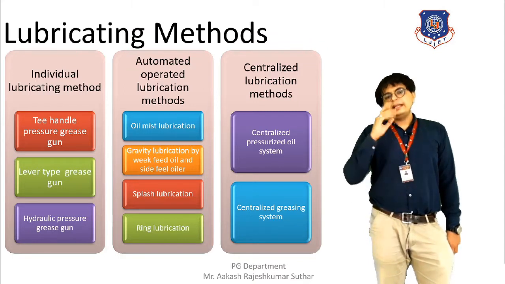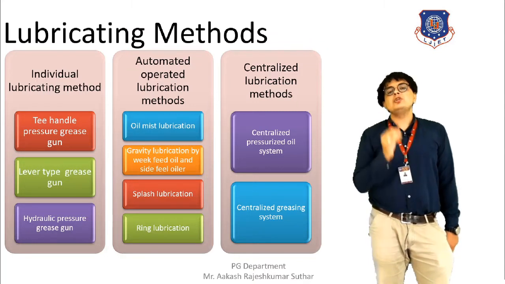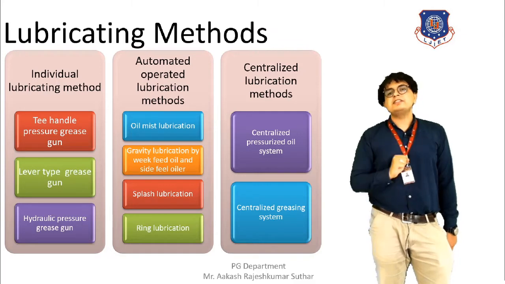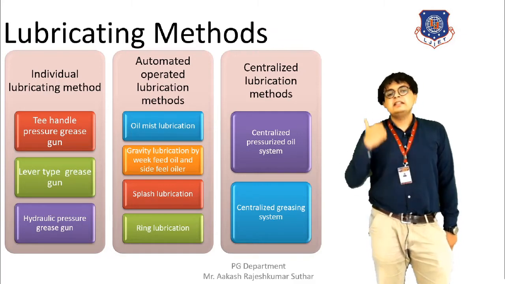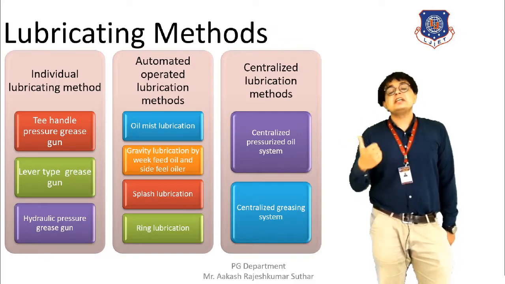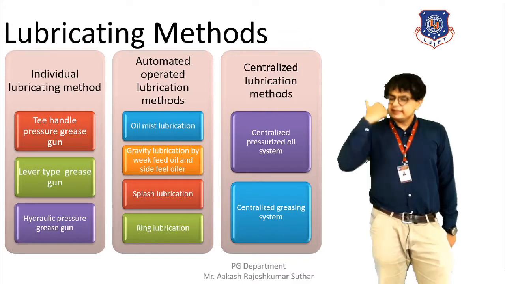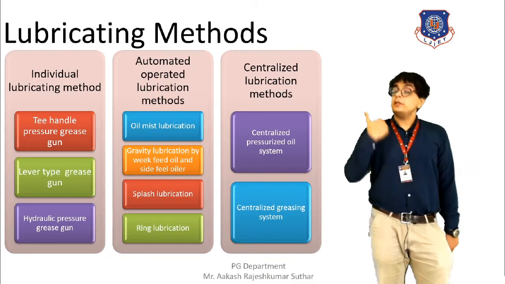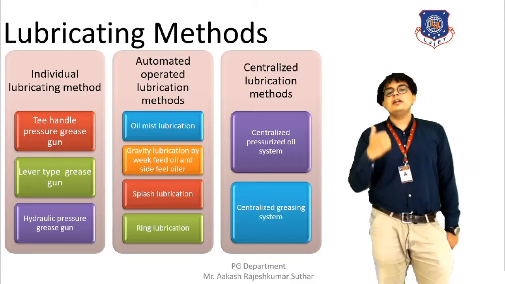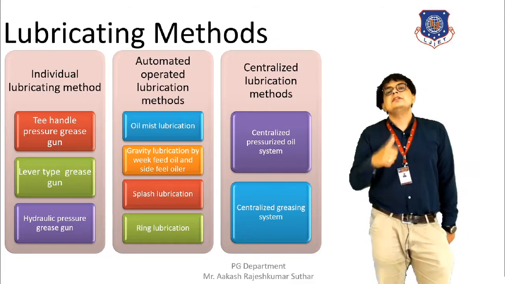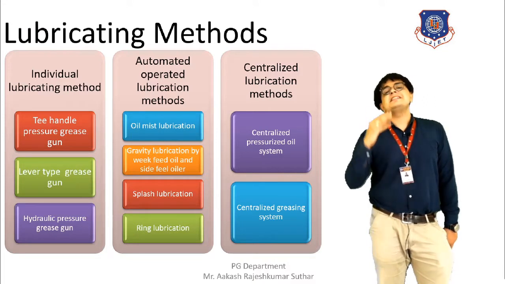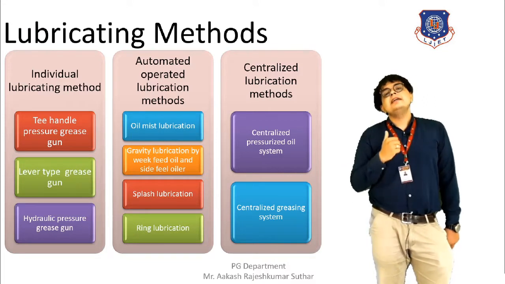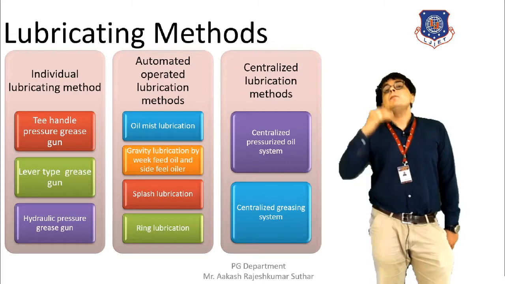Telling about the first, the individual lubricating method, the first is the T-handle pressure grease gun. The second is the lever type grease gun. The third is the hydraulic pressure grease gun. So these are the three general methods for the individual lubricating methods.